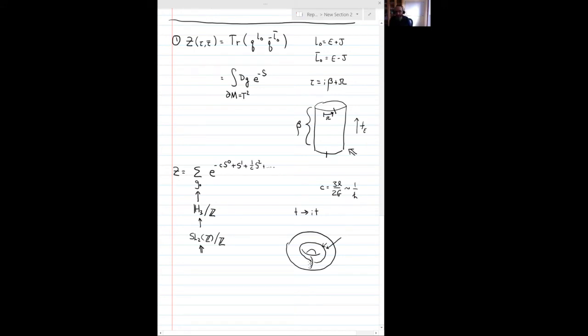Now, if it were possible to find the infinite series of subleading corrections around each of these saddle points and sum them up over all possible saddle points, then this would be an exact answer for what we mean by the path integral of three-dimensional gravity. In particular, the statement that I am making, and it is a bit of an assumption, is that if you have a quantum theory where you can not only find all of the classical solutions, but find the infinite set of perturbative corrections around each classical solution, then this would be an exact answer for the path integral.